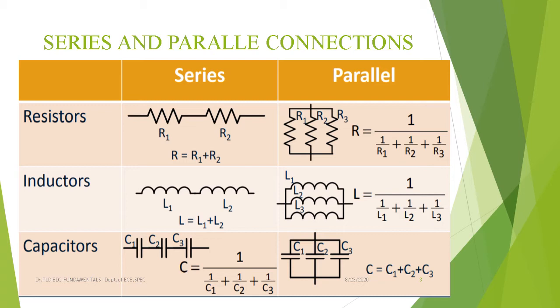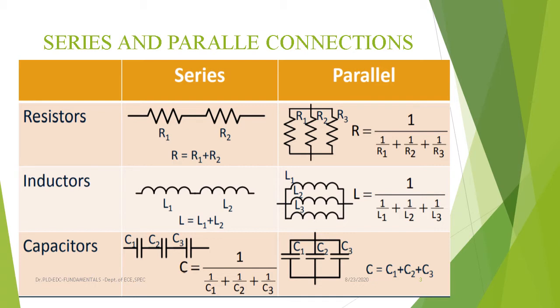If capacitors are connected in series, the equivalent capacitance is given by 1 by C equals 1 by C1 plus 1 by C2 plus 1 by C3. This is the formula that applies to parallel resistors and parallel inductors.